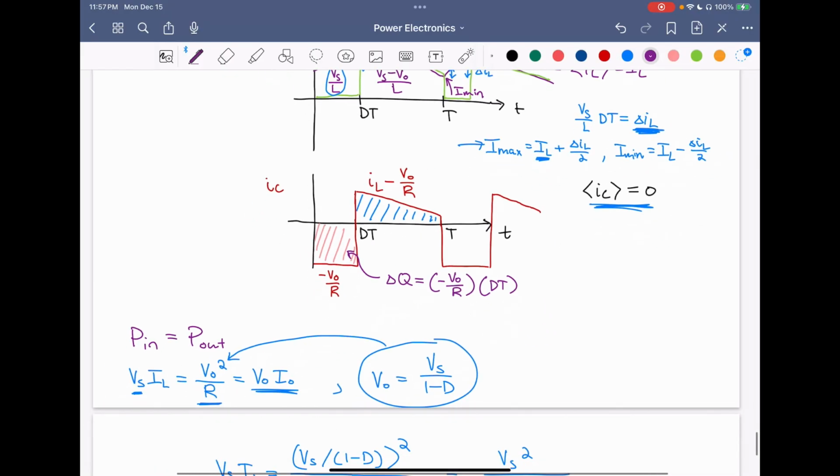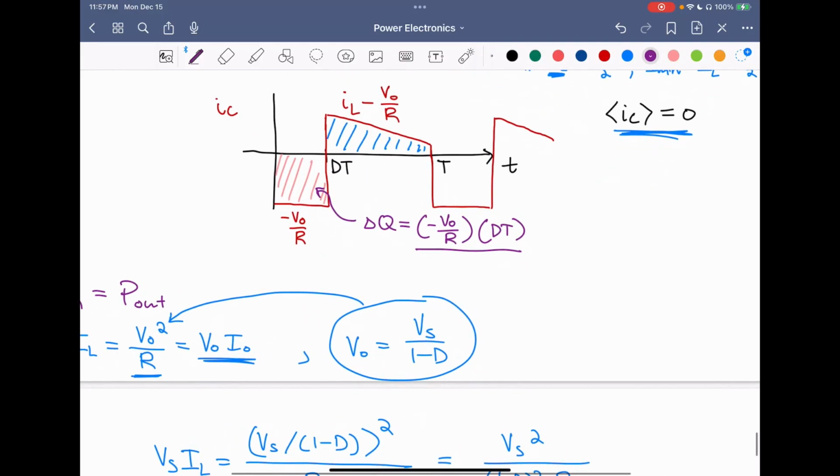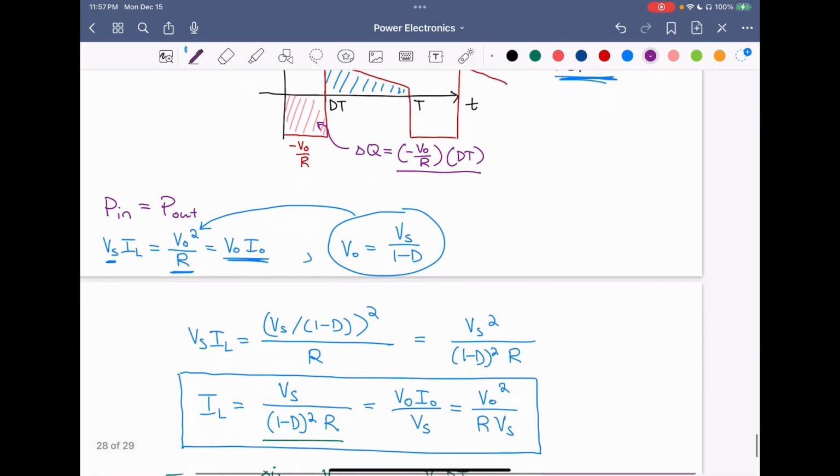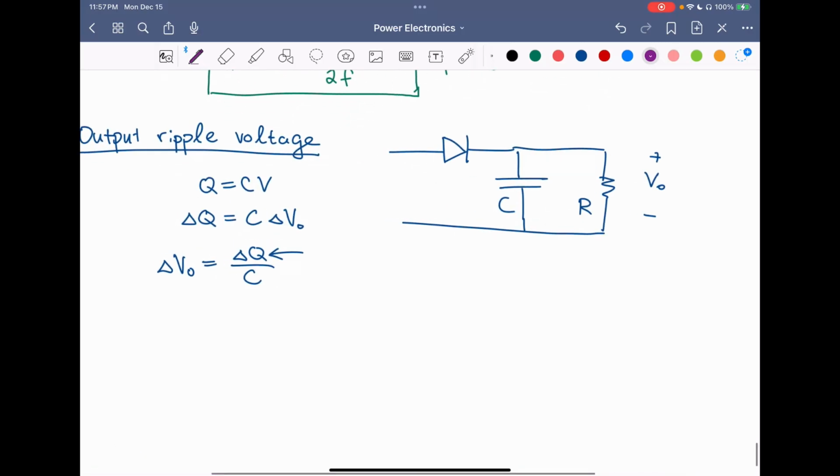Now that we found delta Q as this expression, we can just take the magnitude of it, as that is what we're looking for. So we can substitute that expression in and put absolute value signs because we're only looking for the magnitude.